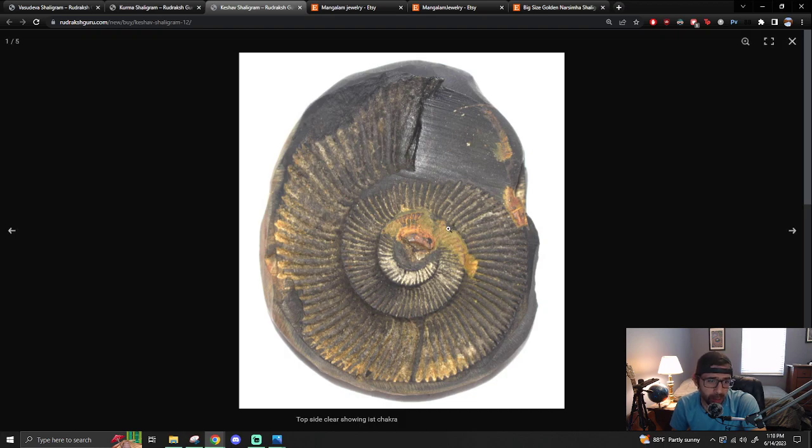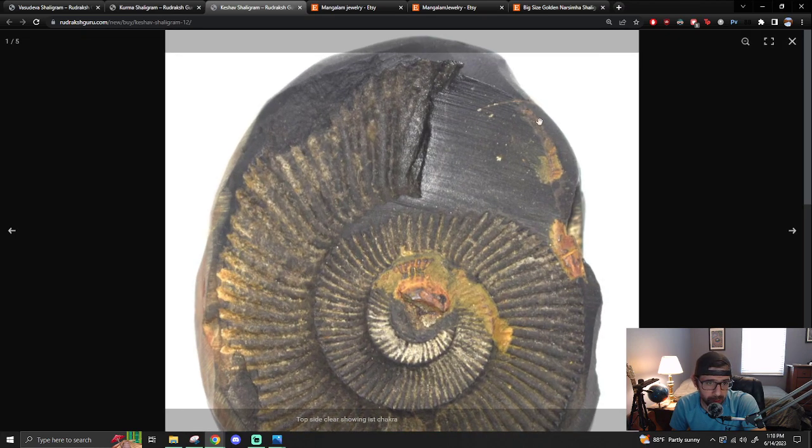This one I just thought was interesting because of how it has these very perpendicular structures to this here.